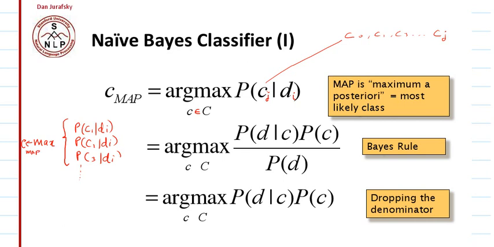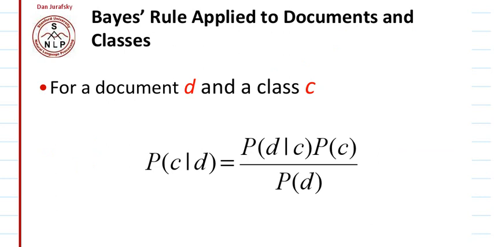This returns me a c, which is called c MAP. MAP is maximum a posteriori. Maximum a posteriori is the one which maximizes the posterior probability. In this formula we call this the posterior probability, this the likelihood, and this the prior, right?